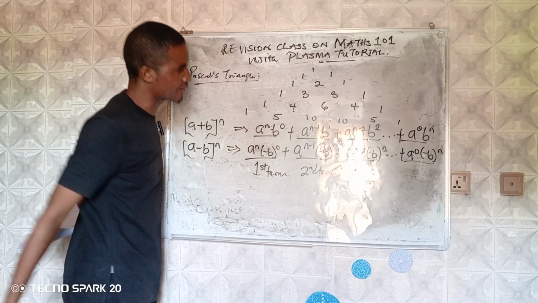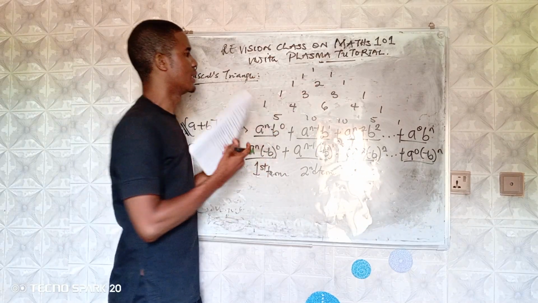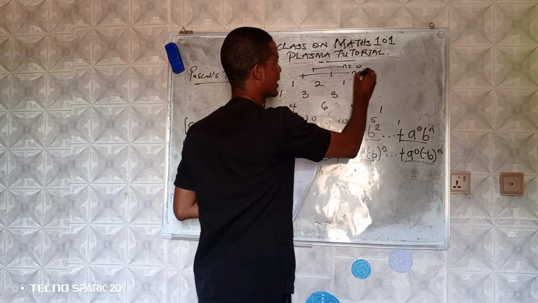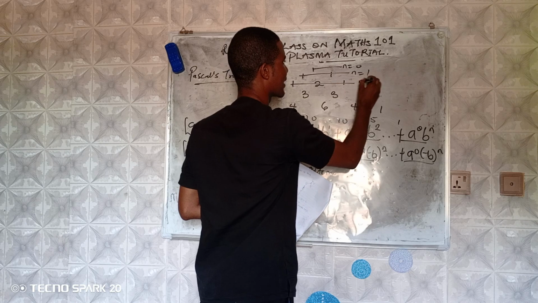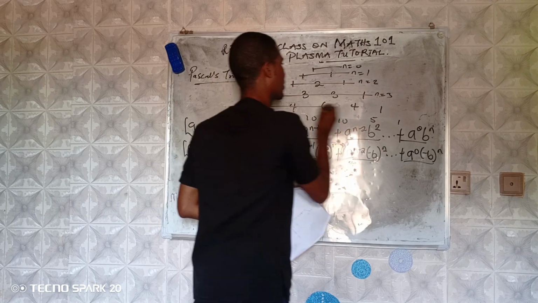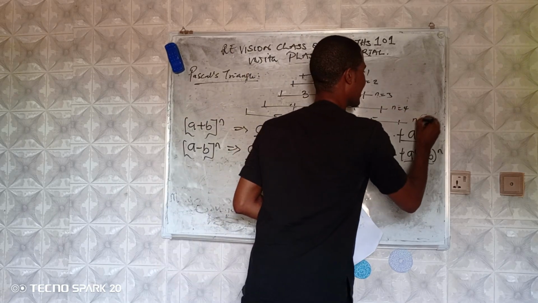And that can continue as far as I remember. I know you still remember. So this is when n equals 0. The whole of this line is n equals 1. The whole of this line is n equals 2. The whole of this line is n equals 3. The whole of this line is n equals 4. And the whole of this line is n equals 5.